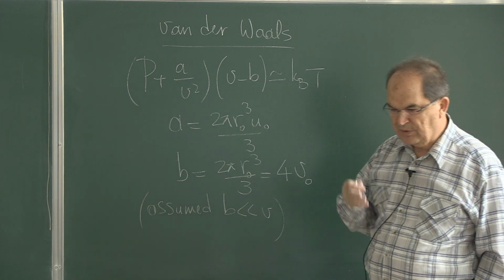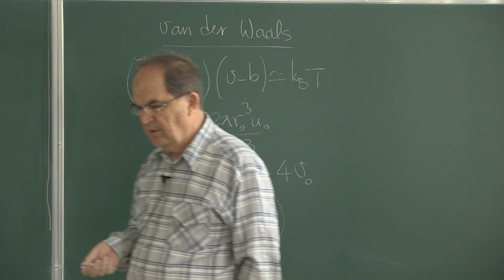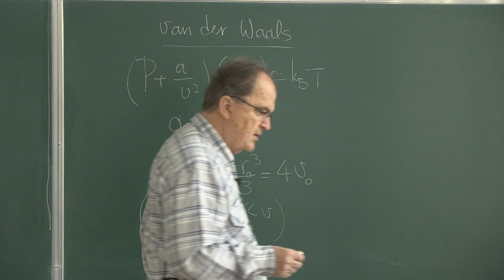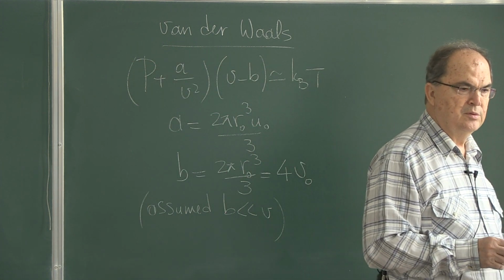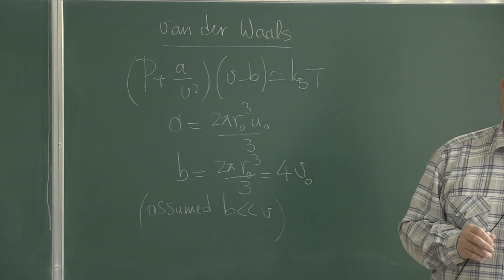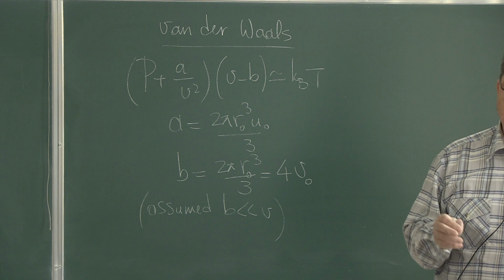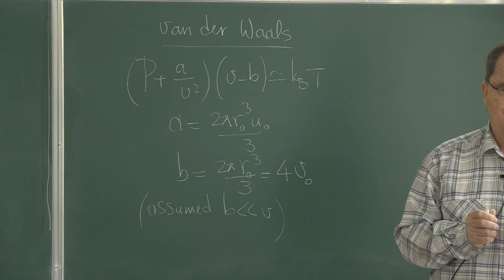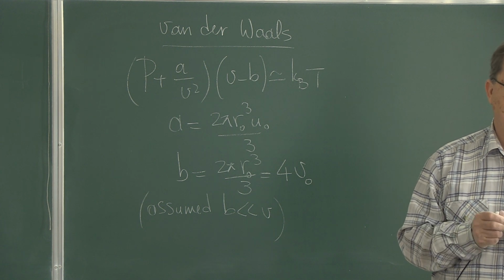Which part of the interaction does it come from, attraction or repulsion? Not the whole volume is available to the particles, but some volume is not reachable because particles are repelling each other.